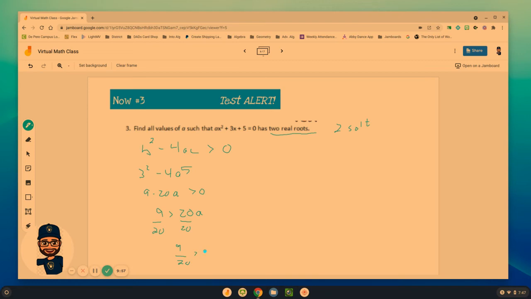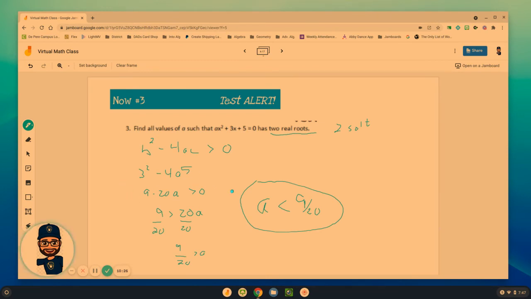So A has to be less than 9/20. Anything that is less than 9/20 or 0.45 would give us two real solutions, two real roots in this problem.